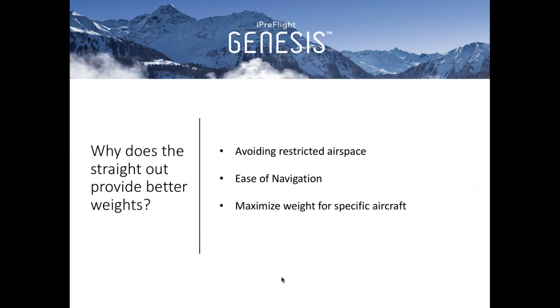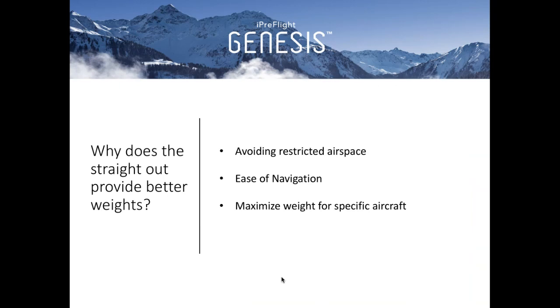So if a customer always flies the same departure, they might want us to mimic that, even if it doesn't provide the best weights. In addition to that, even when a customer does request better weights, we're designing a procedure based on their specific aircraft and the obstacle limiting them.